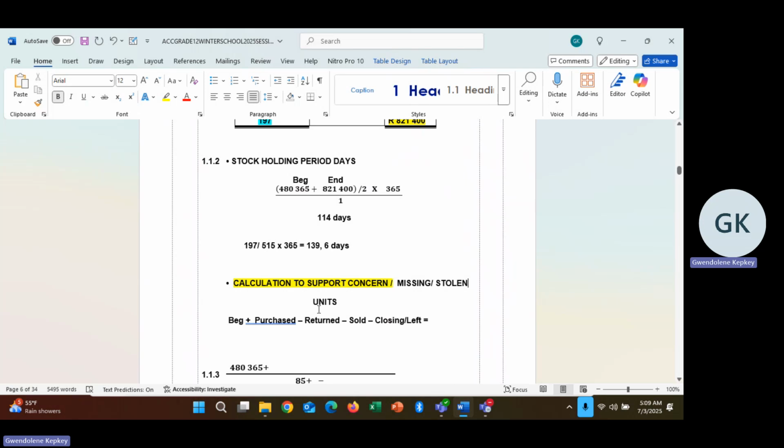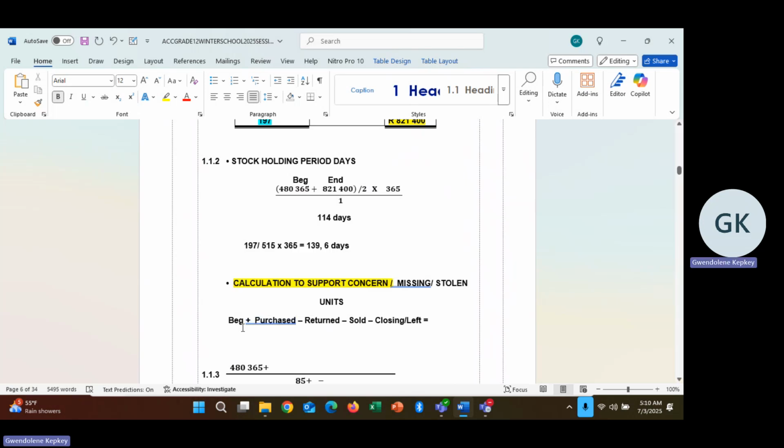Be very careful. Ma'am has highlighted the word units over here. We always work in units when it comes to missing and stolen, unless the question asks you for its rand value. So let's do this calculation. The formula is as follows, very similar to that which we use when we calculate cost of sales.